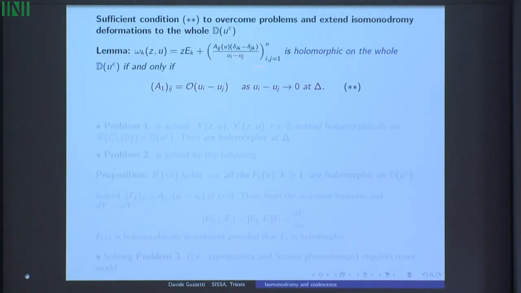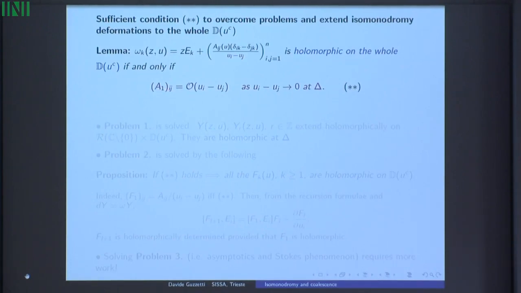Now, if you look again at this omega, you may see that there is at least one case when omega is holomorphic at the coalescence locus, namely when the matrix, sorry, it's a mistake: when the component ij of the matrix A vanishes when you reach the coalescence locus. So suppose you reach the coalescence locus, and at that point ui and uj merge.